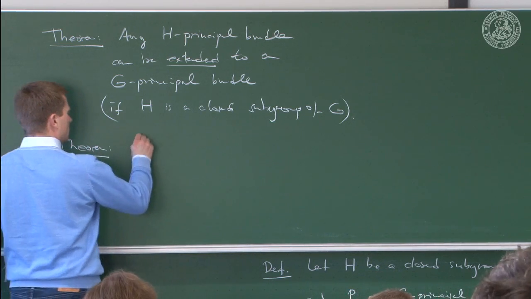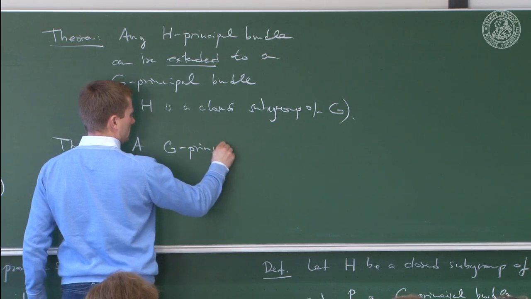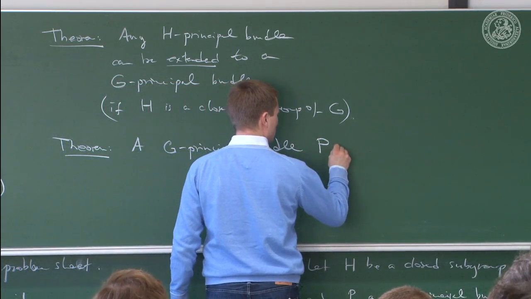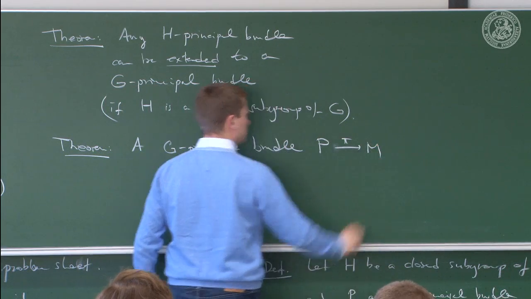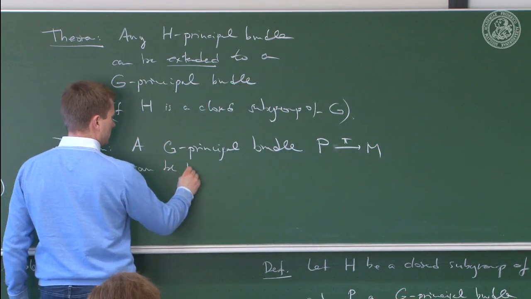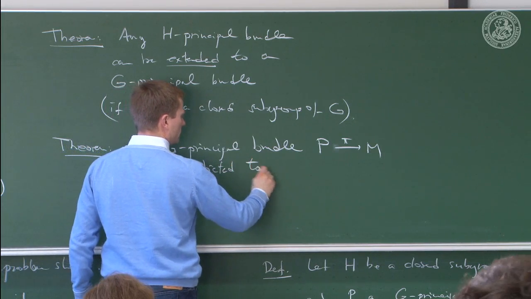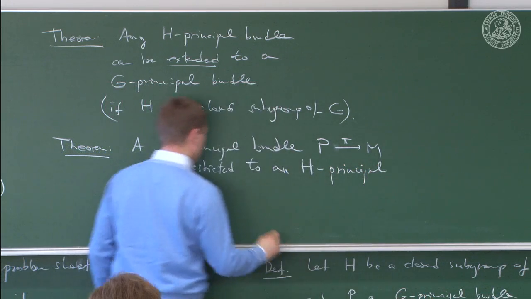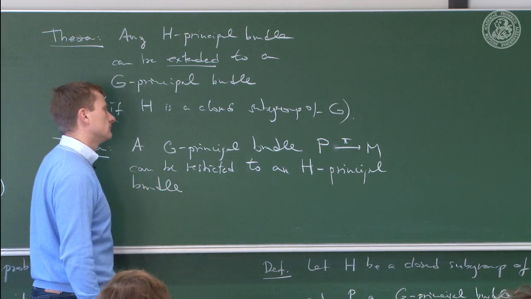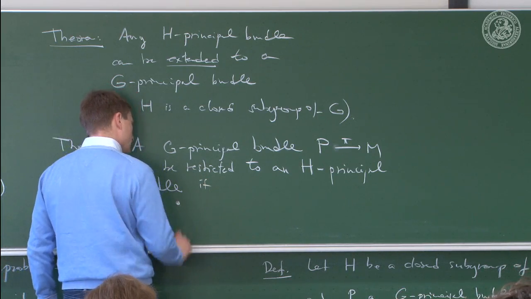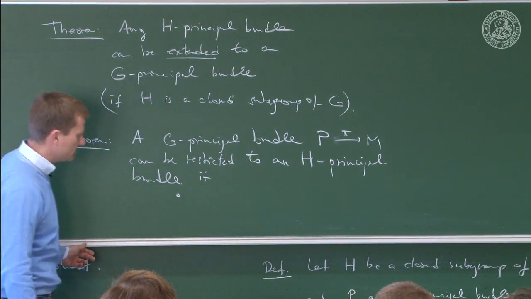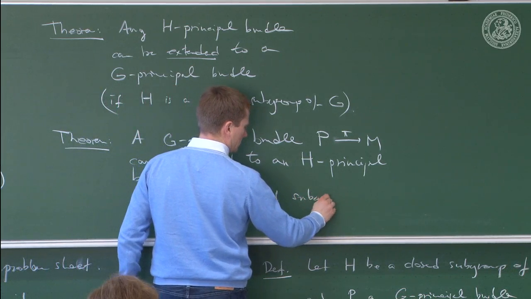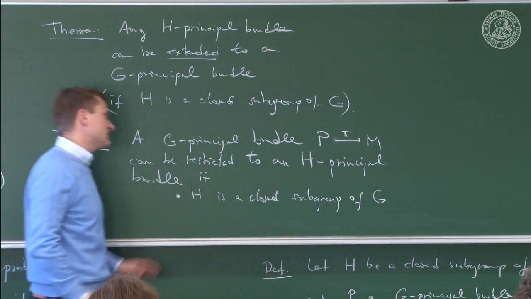A G principal bundle P, pi, M can be restricted to an H principal bundle if, well, the first condition is again obvious from the construction before, if H is a closed subgroup of G. That's not the key thing.